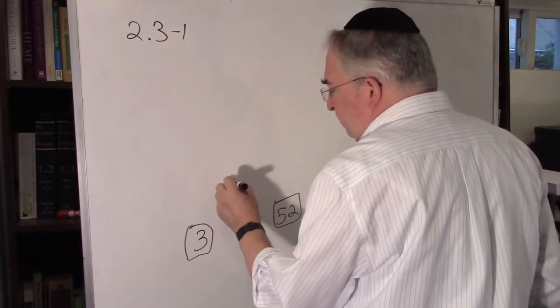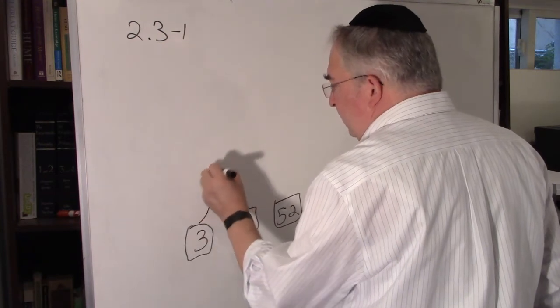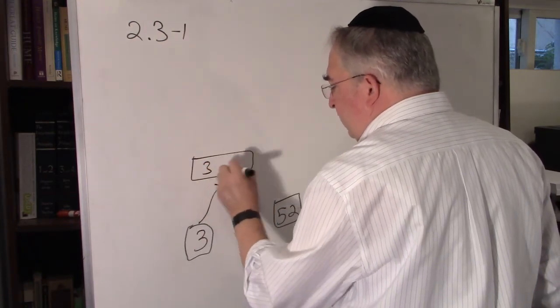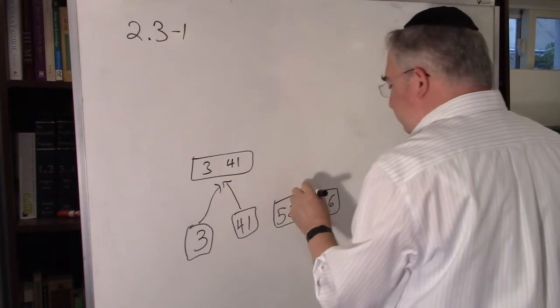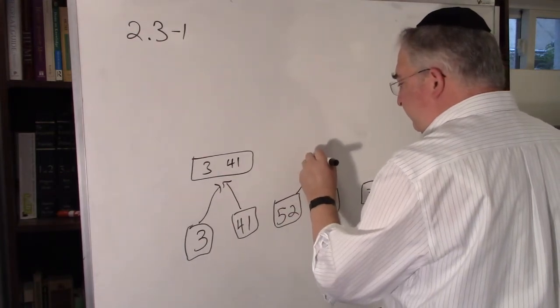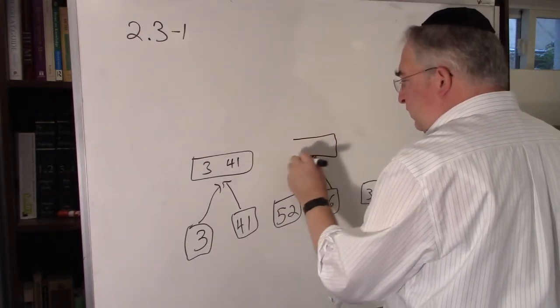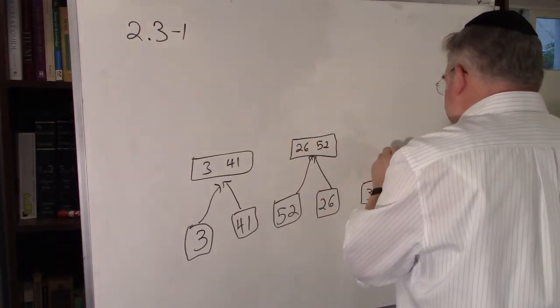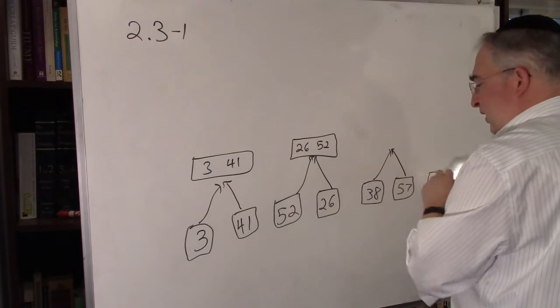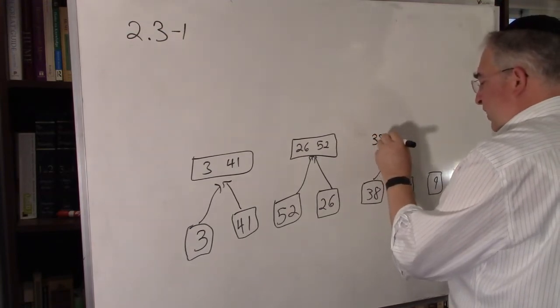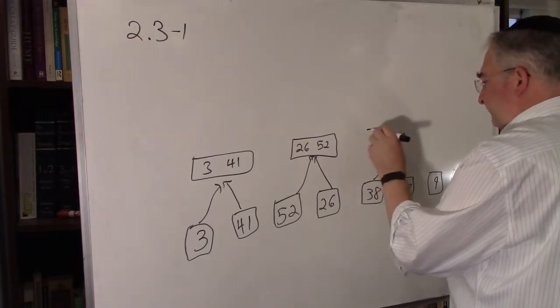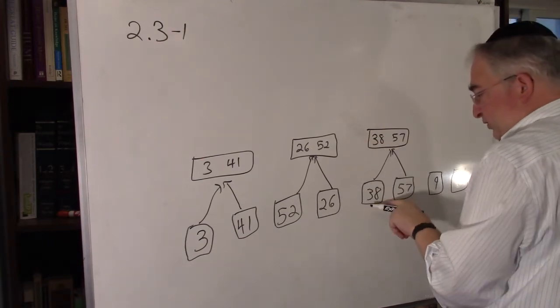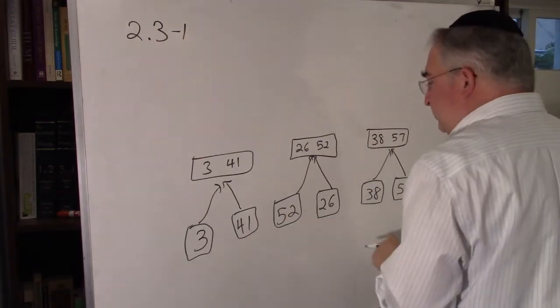So you're going to merge these two together and you're going to get 3 and 41. You're going to merge these parts together and you're going to get 26 and 52. You're going to merge these parts together and you're going to get 38 and 57. By the way, this is already sorted, this is already sorted, this is not sorted.